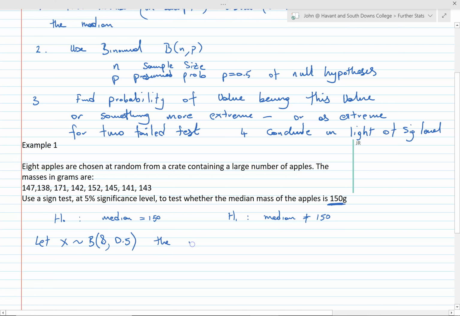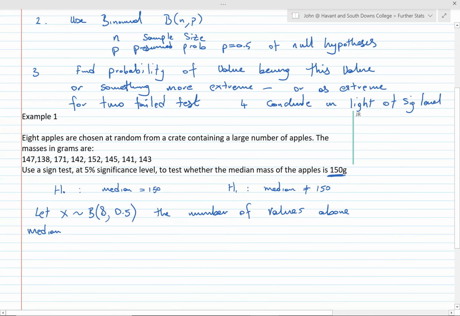X is the number of values above the median. And in our case here, the value of X is equal to 1. Okay, so what we want to do is find the probability of getting that value or something more or as extreme.